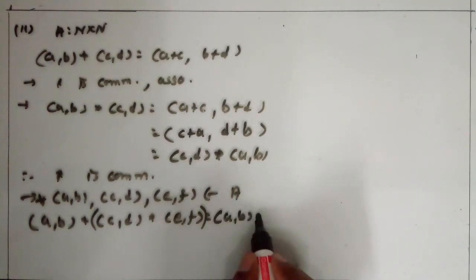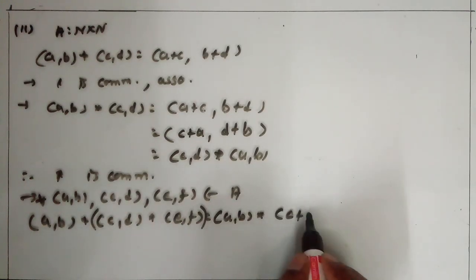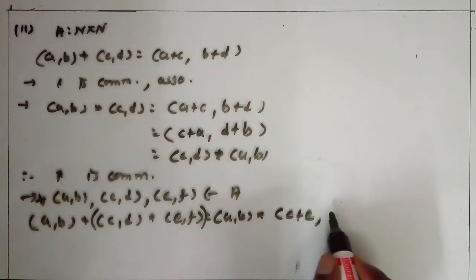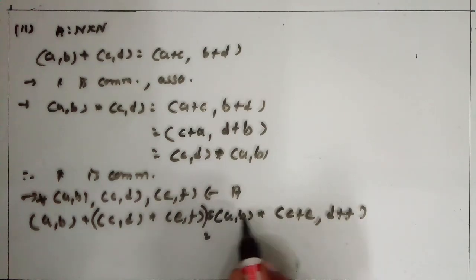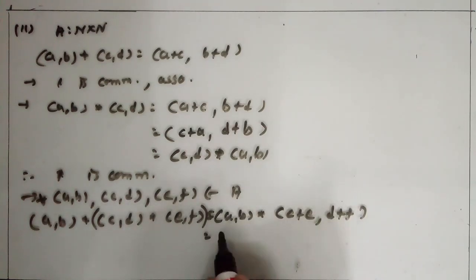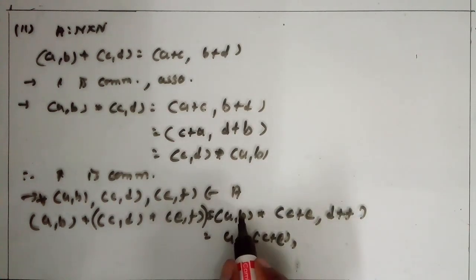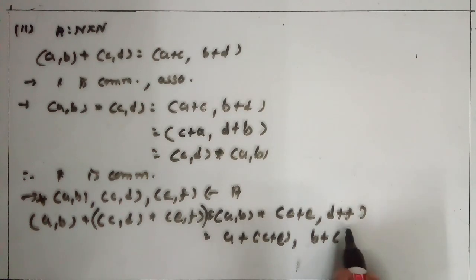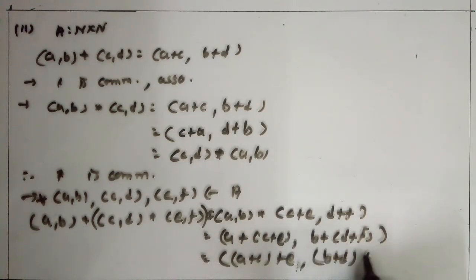Here (A, B), write the same, star operation of this is (C plus E, D plus F). So star operation for this is equal to (A plus C plus E, B plus D plus F).